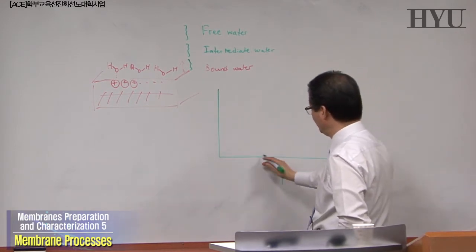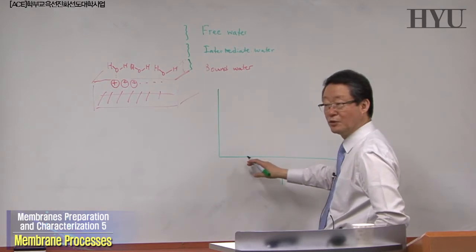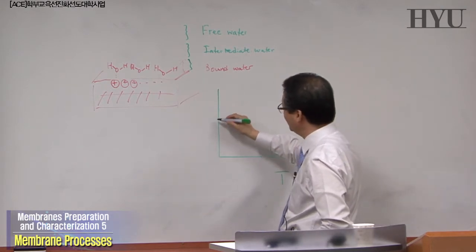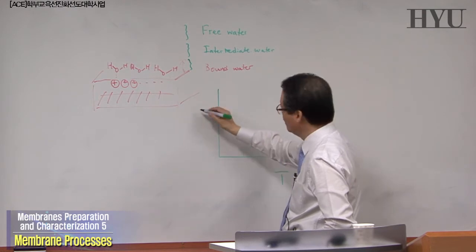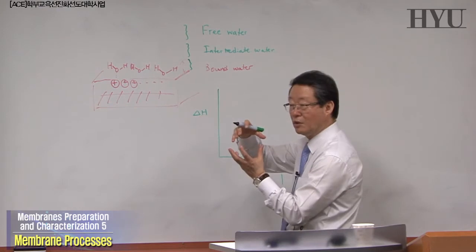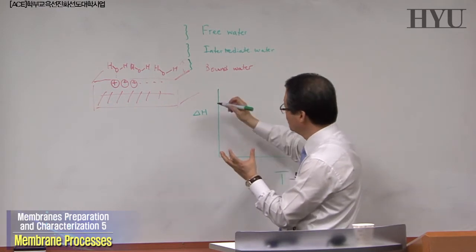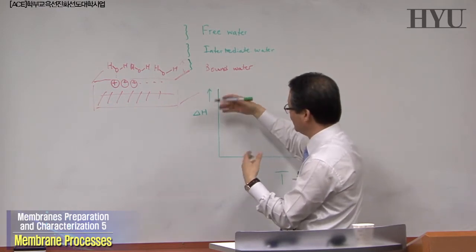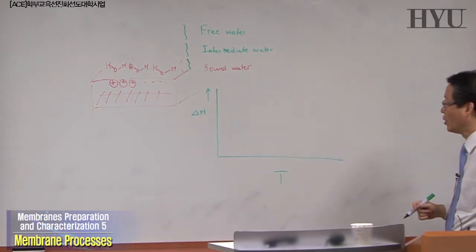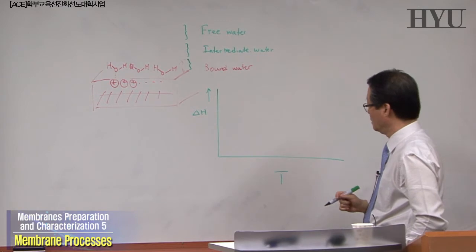So if you increase the temperature, you have endotherm and exotherm, so that you detect the heat changes in your given chamber. So heat could be exothermic or endothermic depending upon the state of your water and the state of your materials.